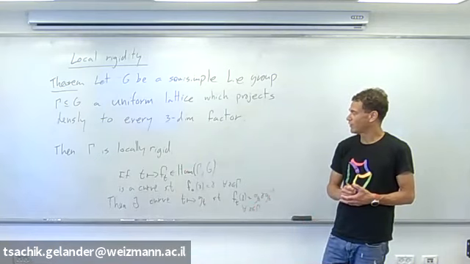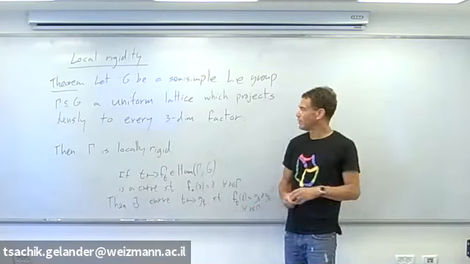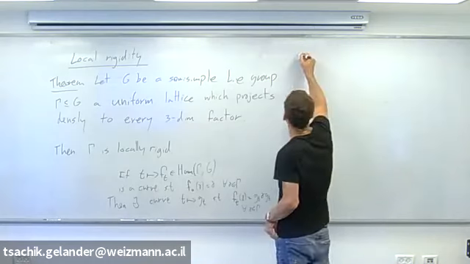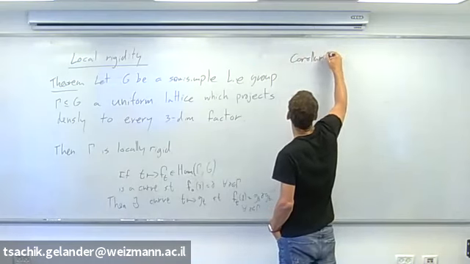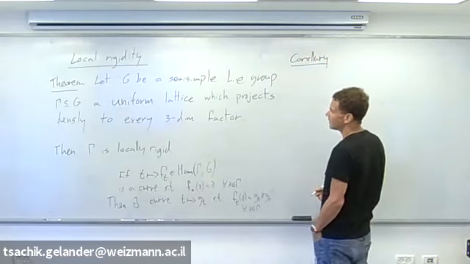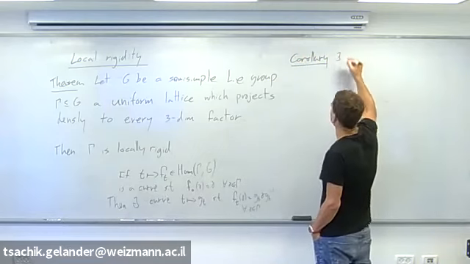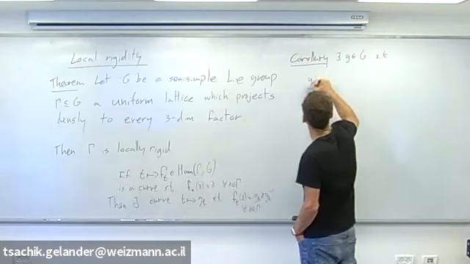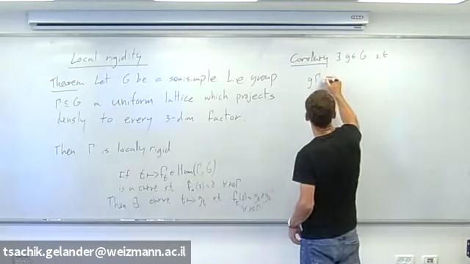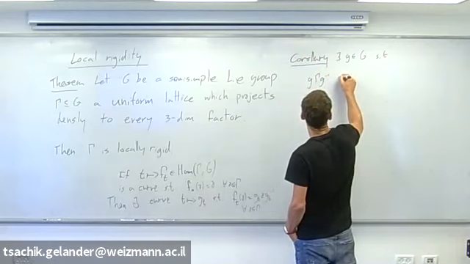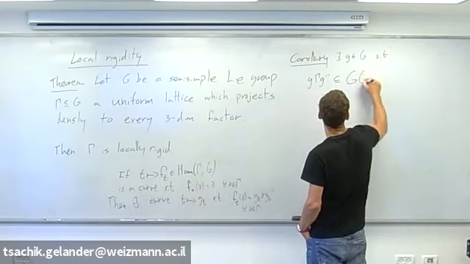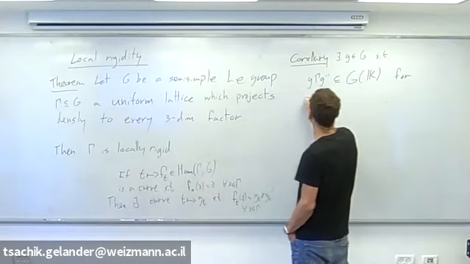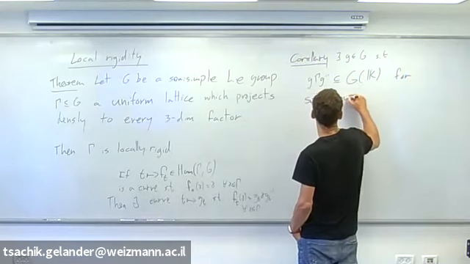So that's local rigidity, and the motivation of Selberg was the first corollary, which we discussed last time. There is g such that g gamma g inverse is contained in G of K for some number field.